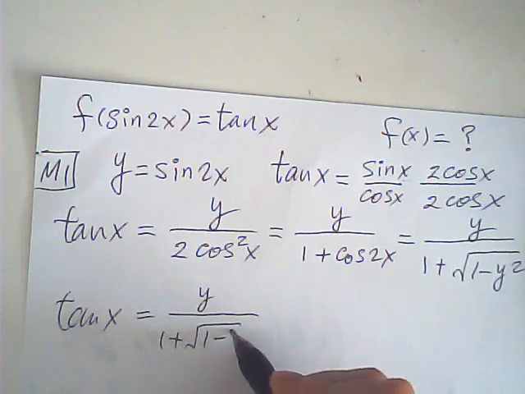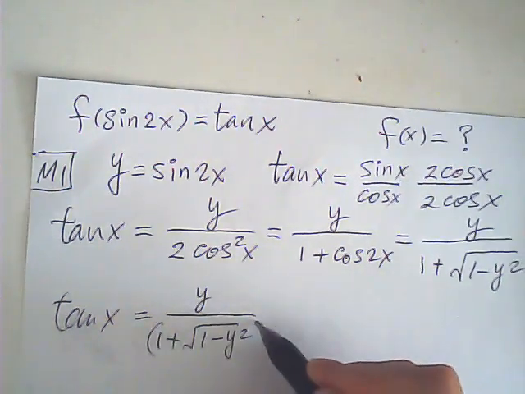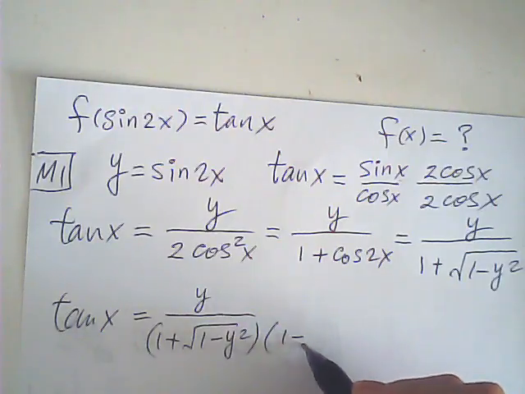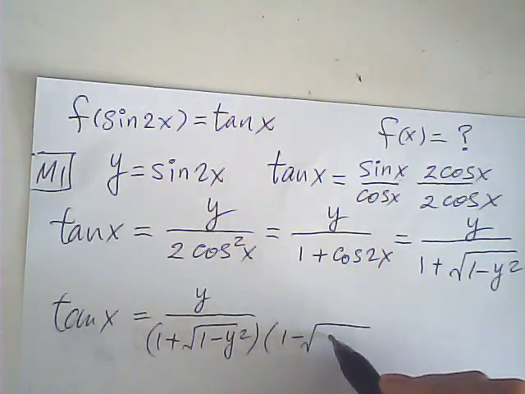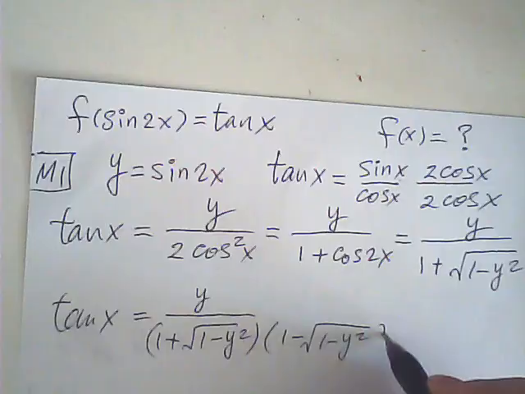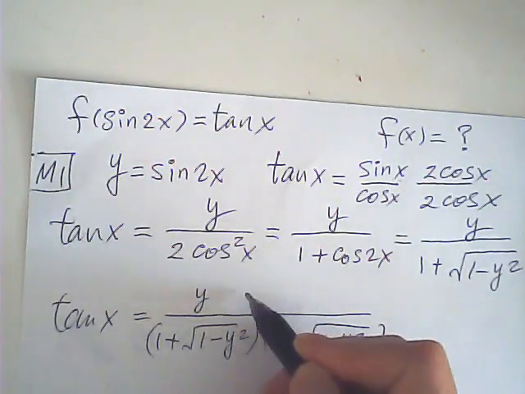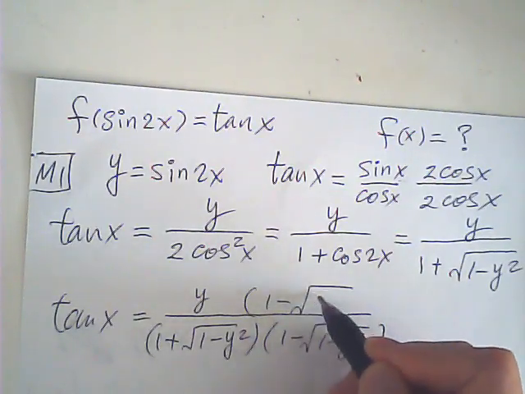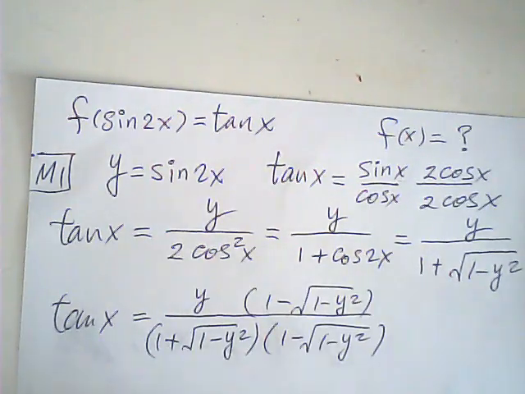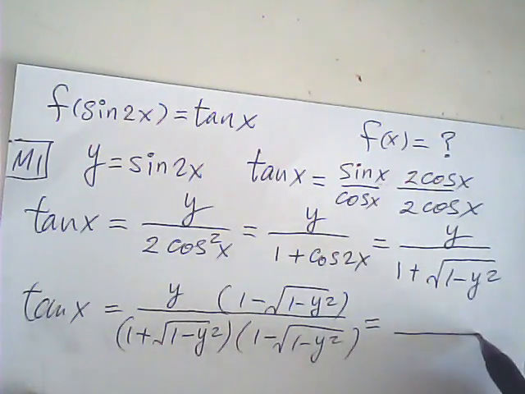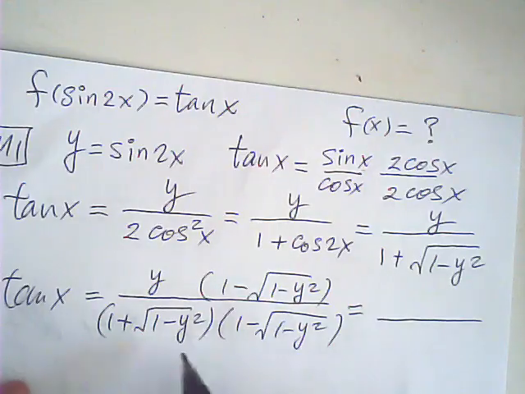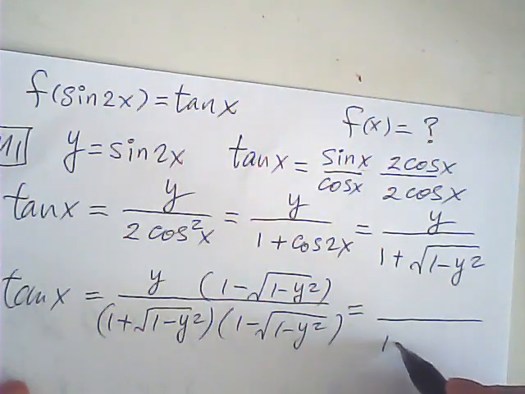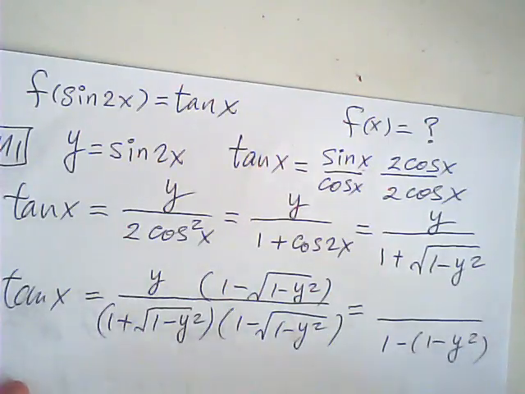I multiply both the top and the bottom by 1 minus y squared. So this one would be 1 minus y squared, right?